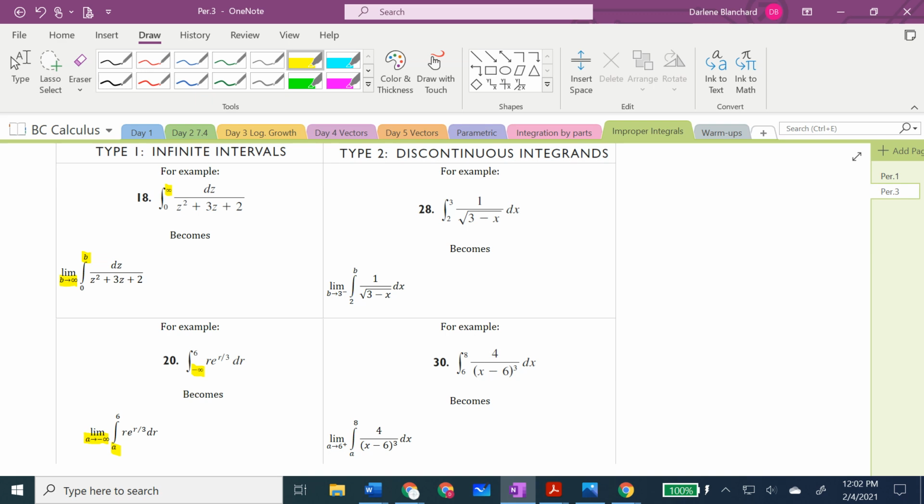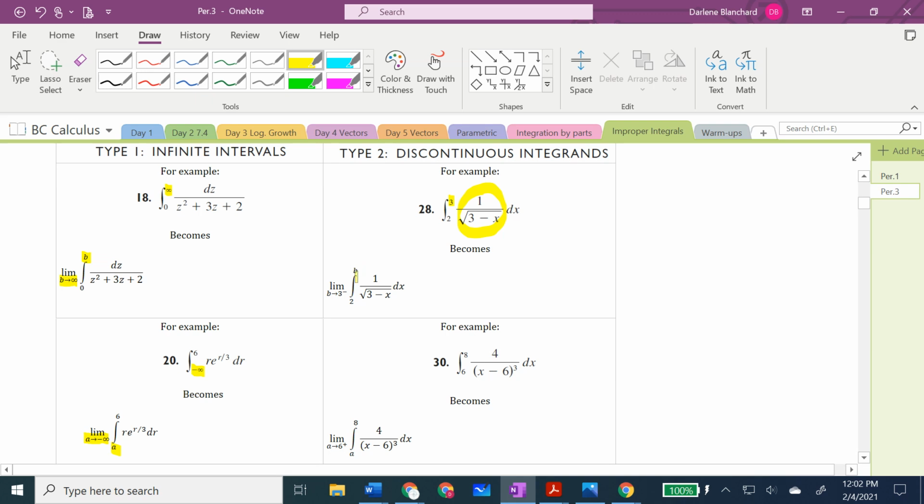Now, for the discontinuities, these two examples, 28 and 30, are endpoint discontinuities. If you look at the integrand, x equals 3 makes that denominator 0. That's a problem. So that has a right endpoint discontinuity.